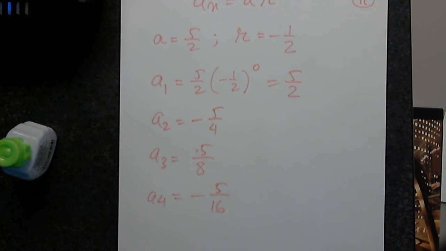So let's go to y equals, clear. So I have 5/2, or 2.5, and in parentheses, -0.5, in parentheses, caret, or power, in parentheses, x minus 1.